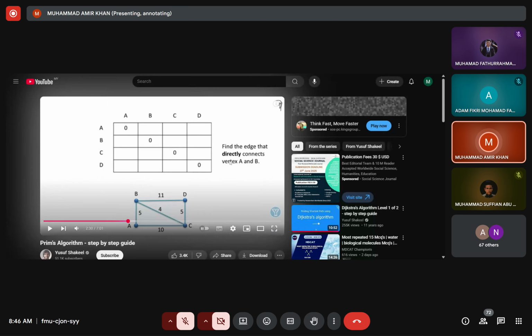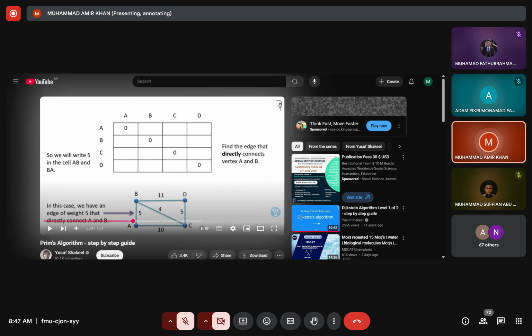And then find the edge that directly connects vertex A and vertex B. We have to find the edge that directly connects vertex A and B. In this case, we have an edge of weight 5 that directly connects A and B. So we have to write the edge weight.